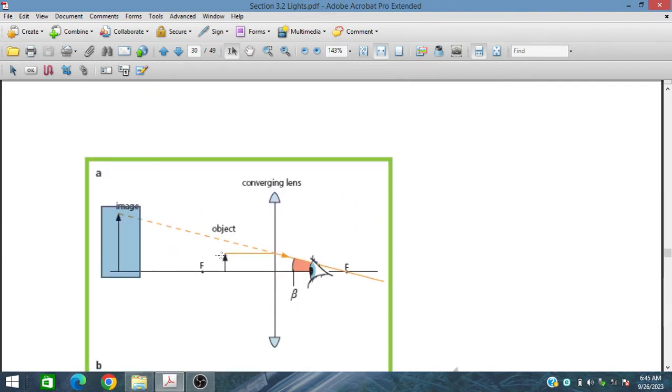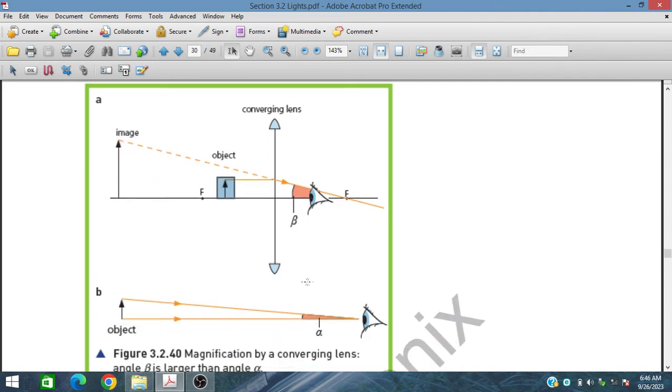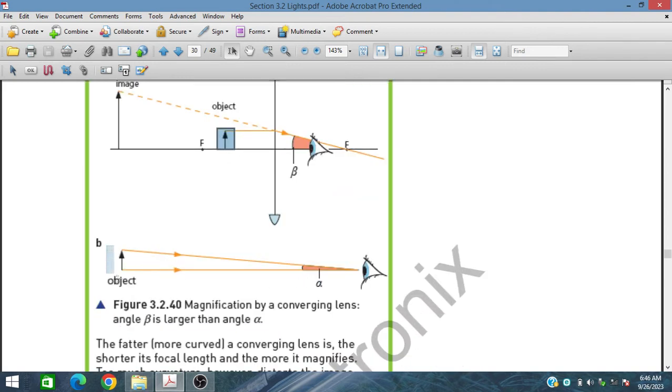If we see this object without a lens, it will make an angle alpha. This alpha is smaller as compared to this beta.